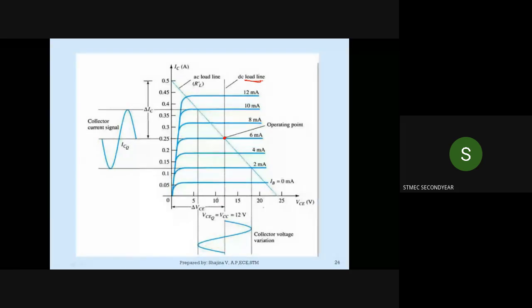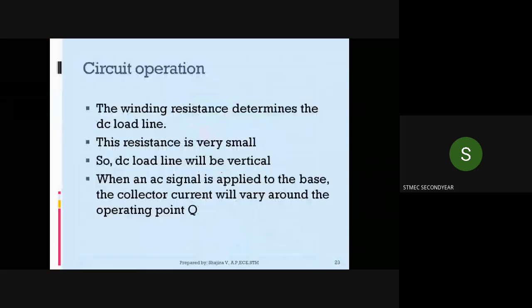That is about the DC condition. Now if we apply an input AC signal to the base terminal of the transistor, the collector current will vary. When the AC signal is applied, the base current IB changes, and the collector current IC is equal to beta into IB.